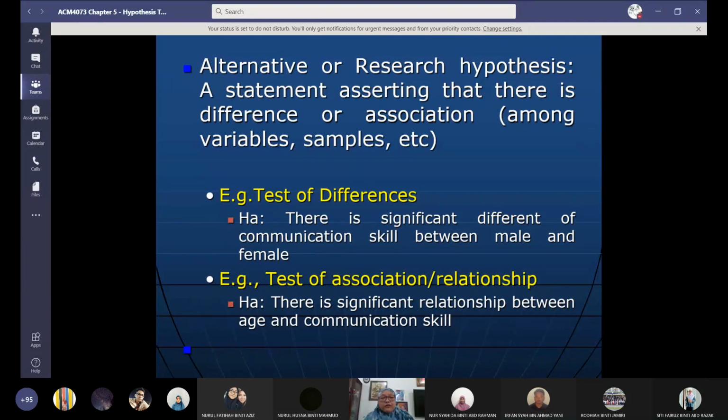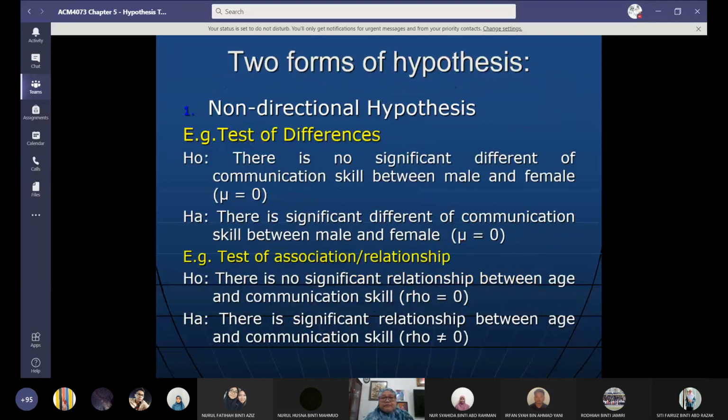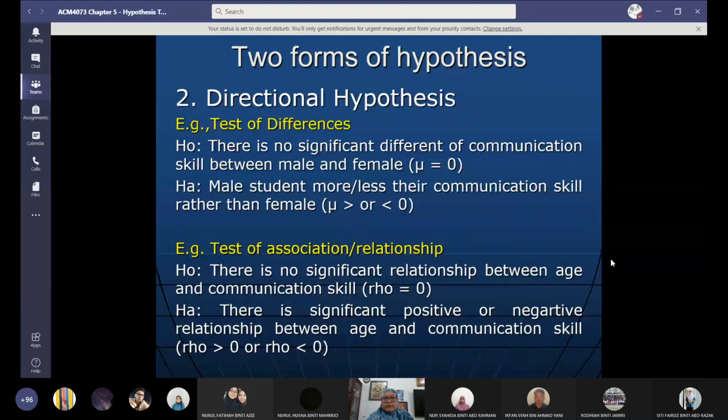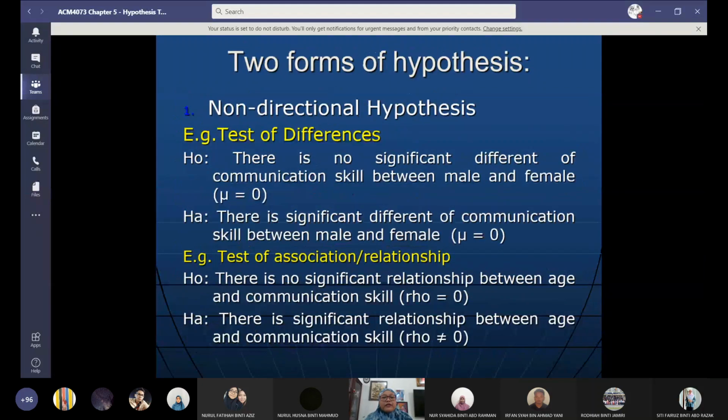There are two forms of hypothesis. First is directional hypothesis. Sorry, the first one is non-directional hypothesis.